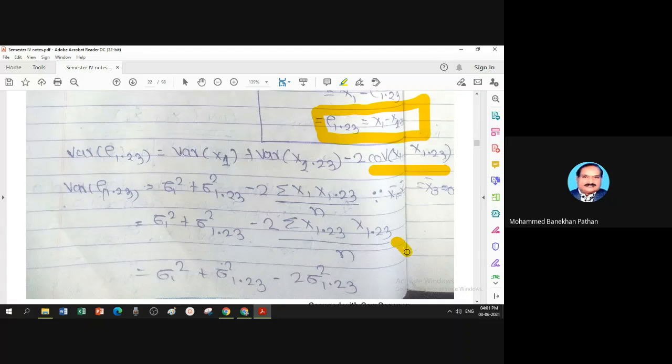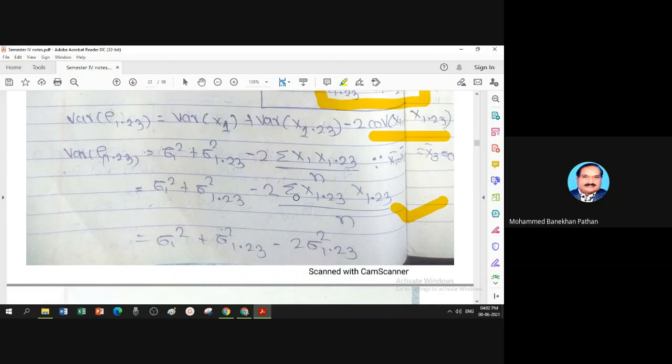How did I write this? This is written by using a property of residuals. Yesterday I said the product of residuals remains unchanged, either adding a secondary subscript or eliminating a secondary subscript. So this product is the same as this product. And then ultimately the sum of x1.23 multiplied by x1.23 is summation x square 1.23, and the mean of x1.23 is 0.